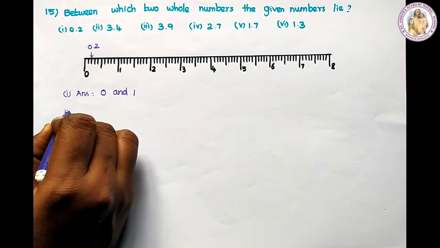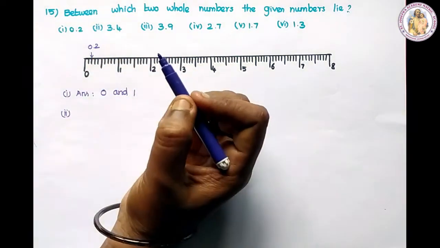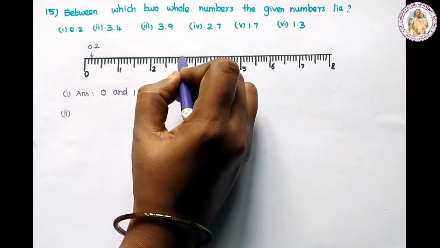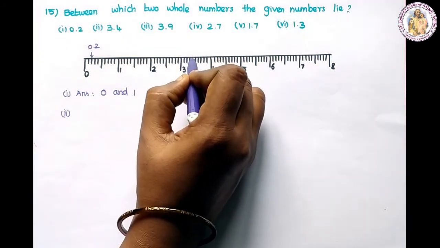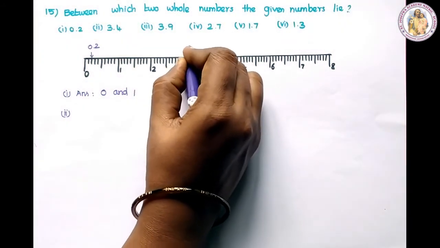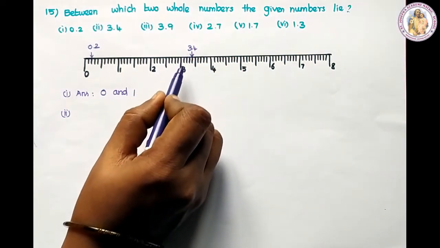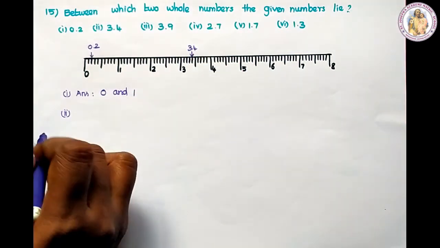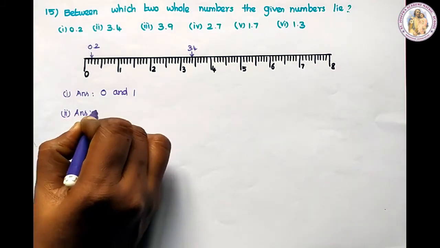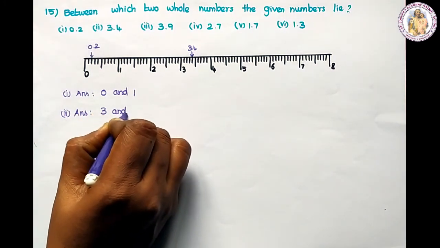Next one 3.4. Here 3, 3.1, 3.2, 3.3, 3.4. Here 3.4 lies in between 3 and 4. So answer 3 and 4.